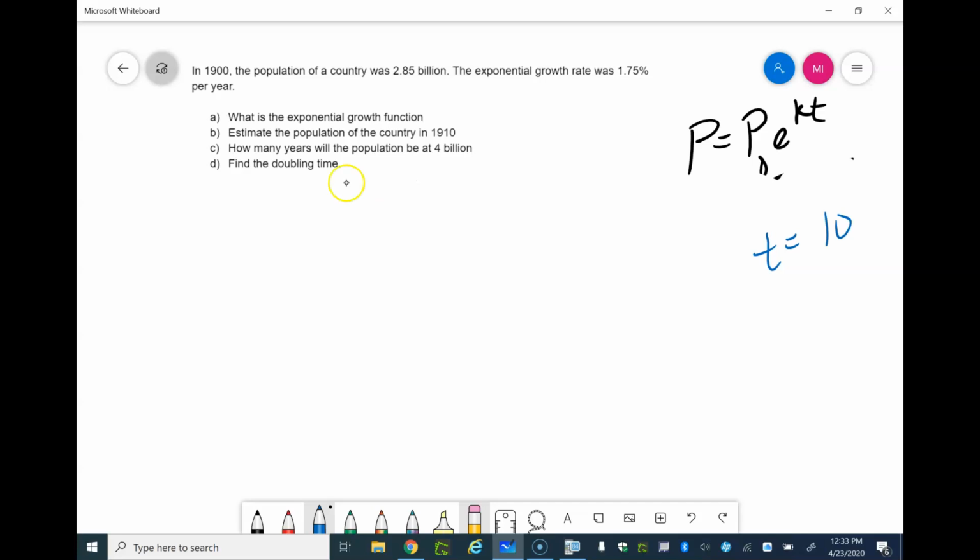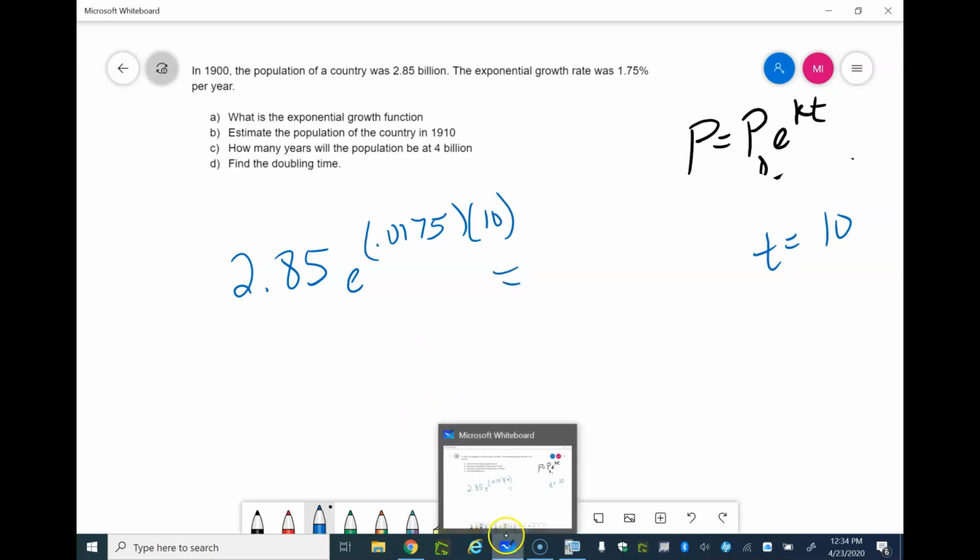Then we just plug it into our function: 2.85 e to 0.0175 times 10. This is going to give us the population after 10 years.